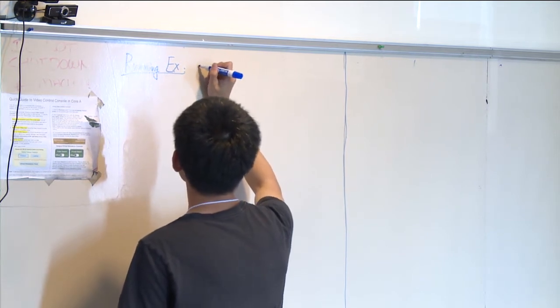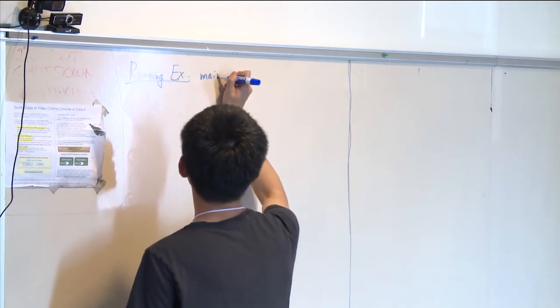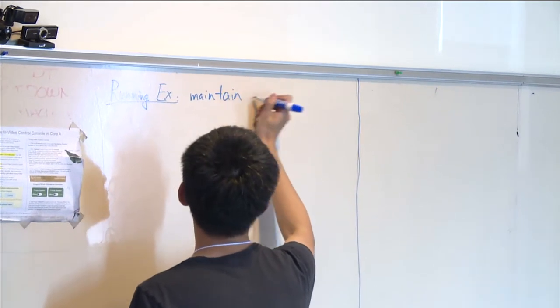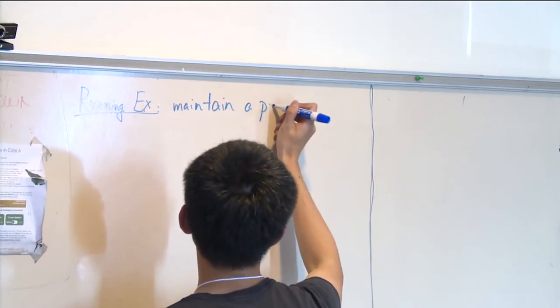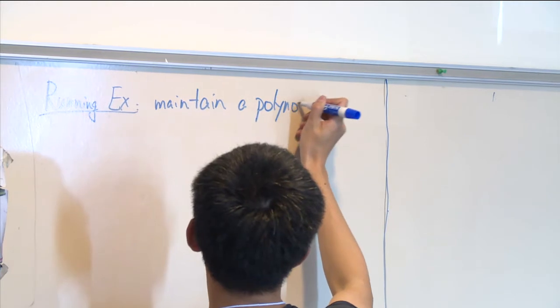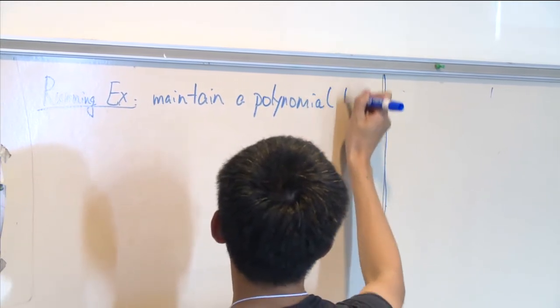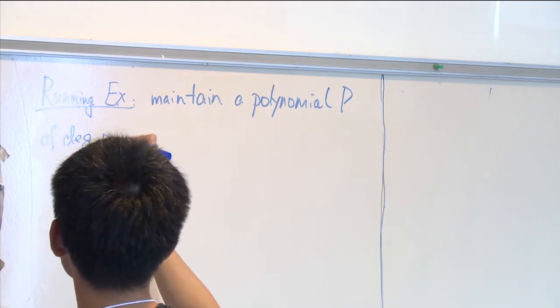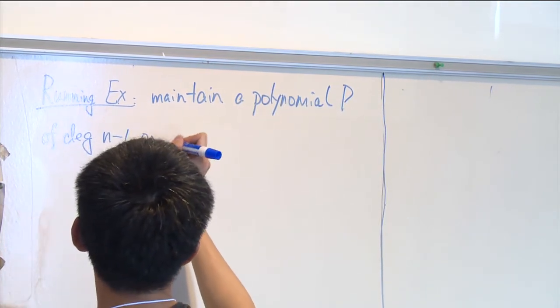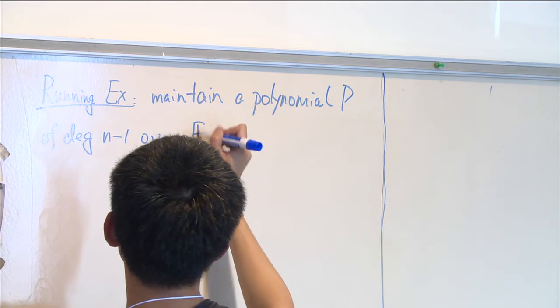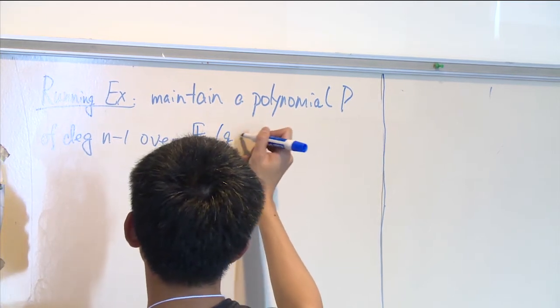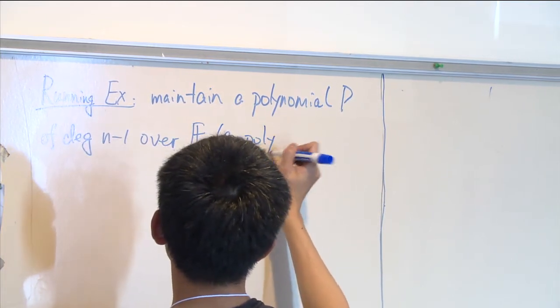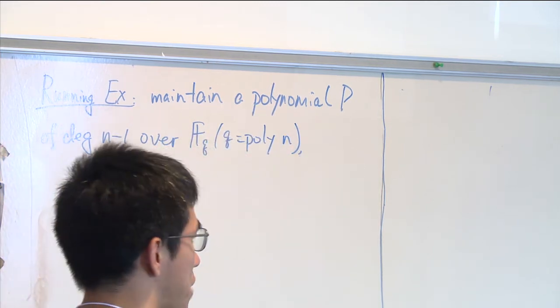The example we're going to focus on is the following. We want to maintain a polynomial p of degree n minus 1 over F_q, again for q that is polynomial in n, and supporting two types of operations.